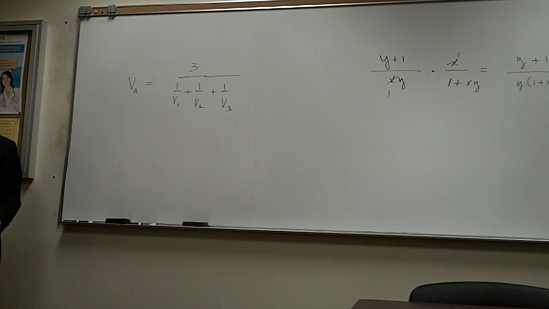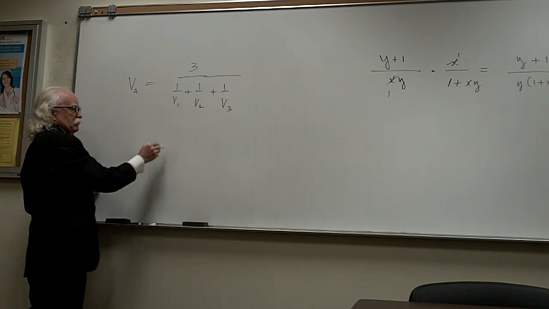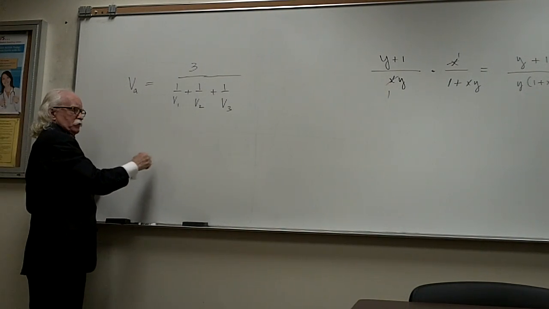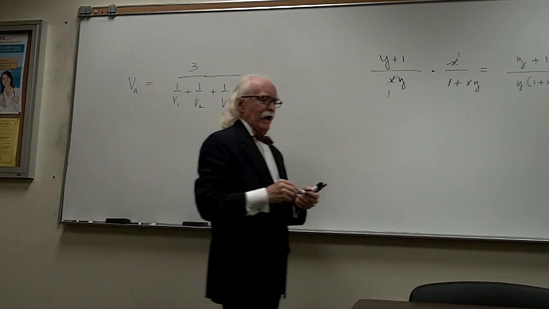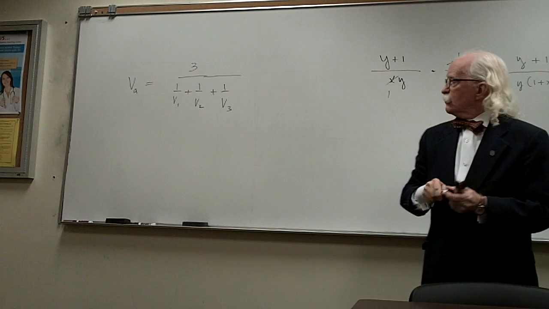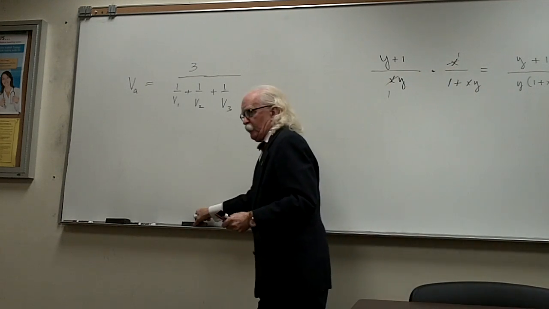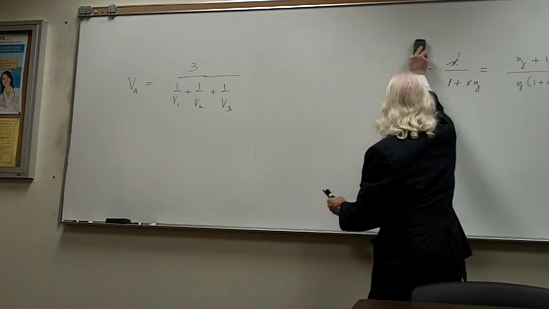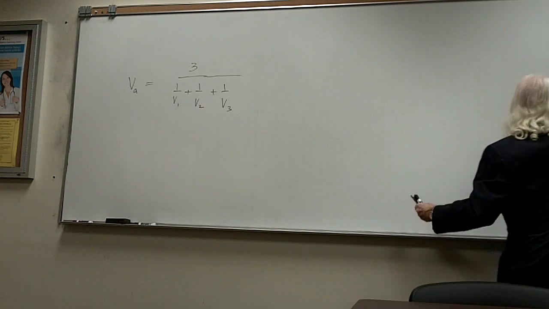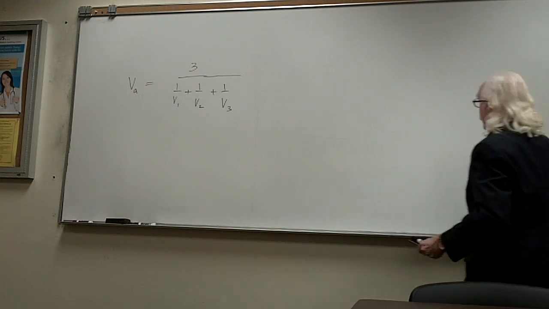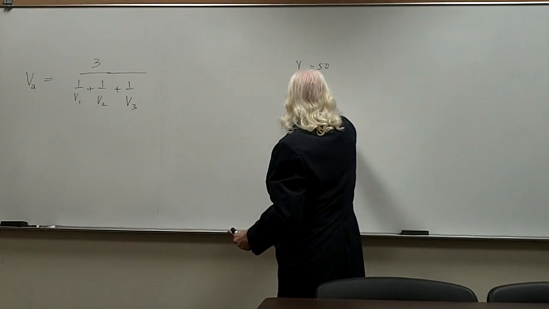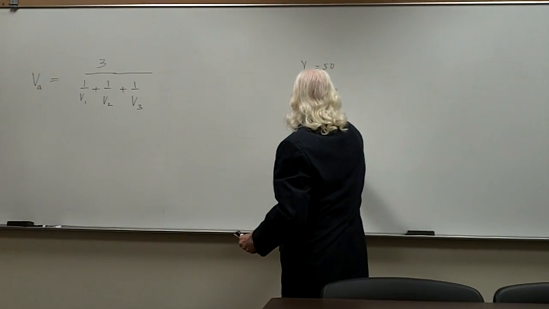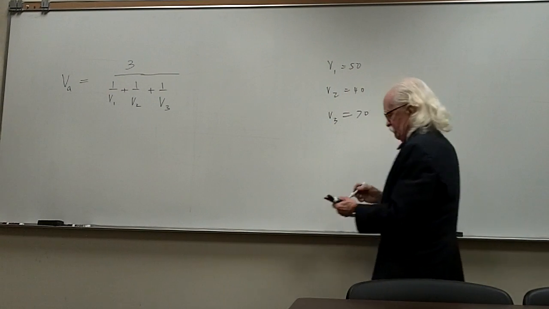And they give you an equation down at the bottom that looks like this, and you have to know what the equation is. Find out what this is without doing the arithmetic. You can do the arithmetic when you finish if you like. V1 was 50, V2 I think was 40, V3 was 70.